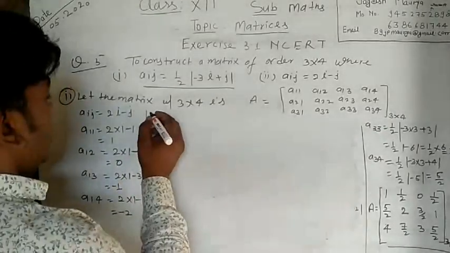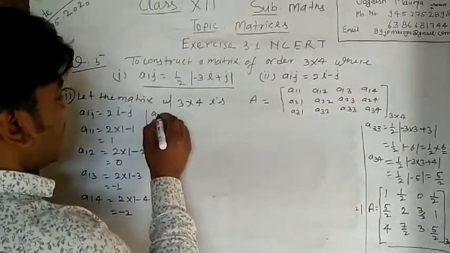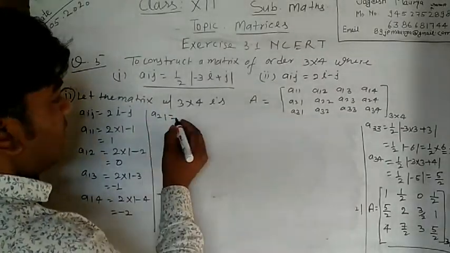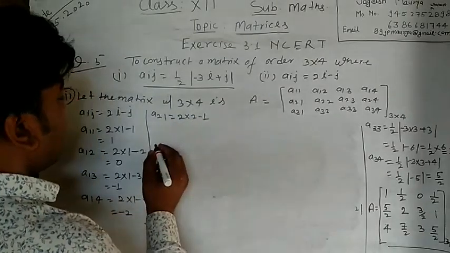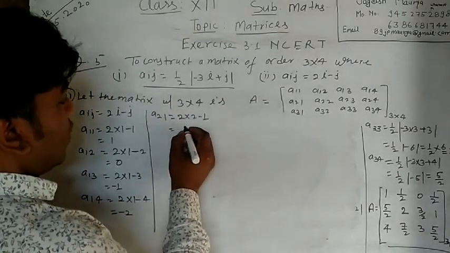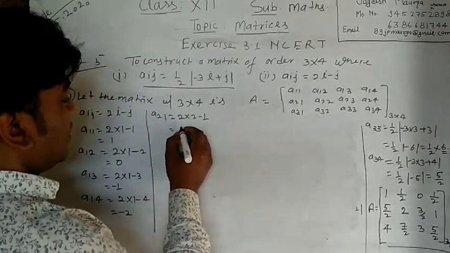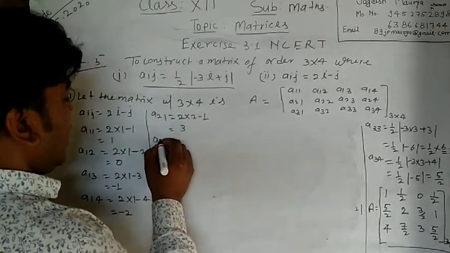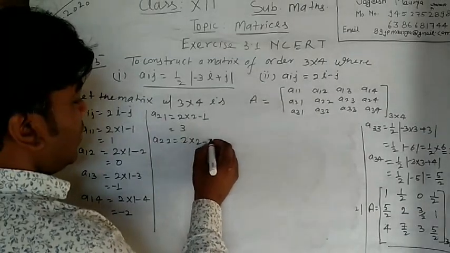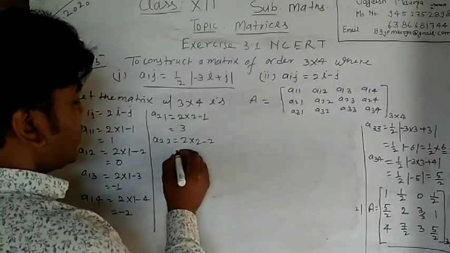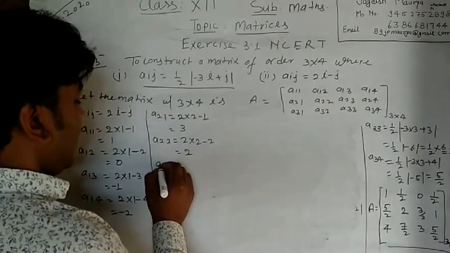Now A21 means 2 into 2 minus 1. This will come 4, 4 minus 1 is 3. A22: 2 into 2 minus 2, 4 minus 2 is 2.